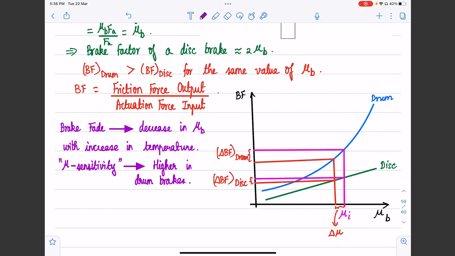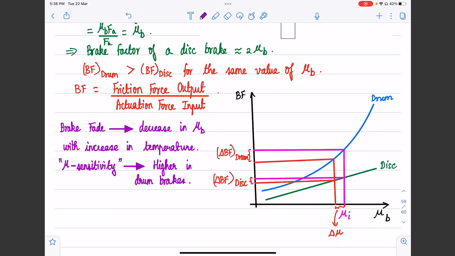That is the reason why, if cost is not a constraint, one would want to go for all disc brakes, in both the front wheels and the rear wheels. I hope that point is clear.